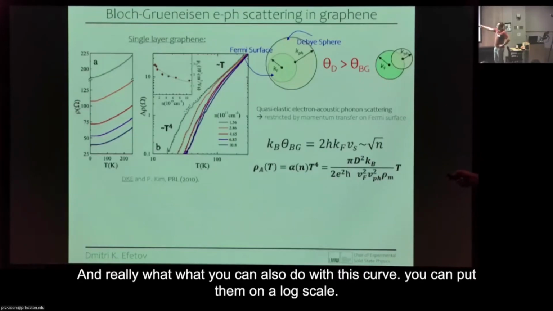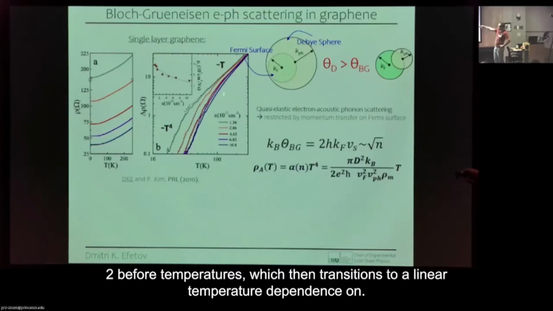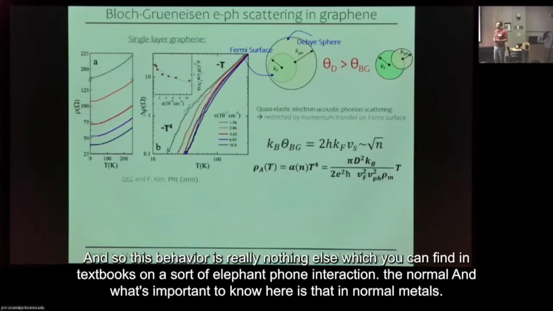What you can also do with these curves is plot them on a log scale. You can show that there is a T to the 4 temperature dependence at low temperatures, which then transitions to a linear temperature dependence at high temperatures. This behavior is nothing else than what you can find in textbooks on electron-phonon interaction in normal metals.